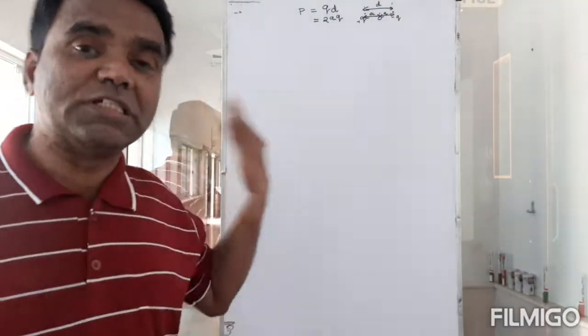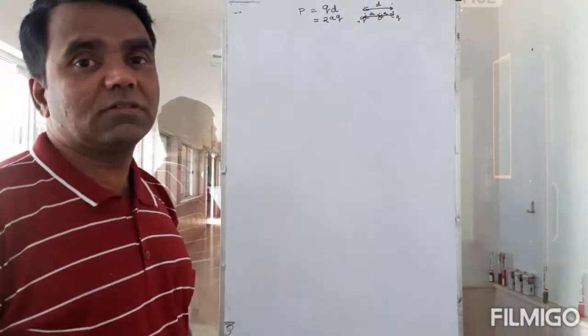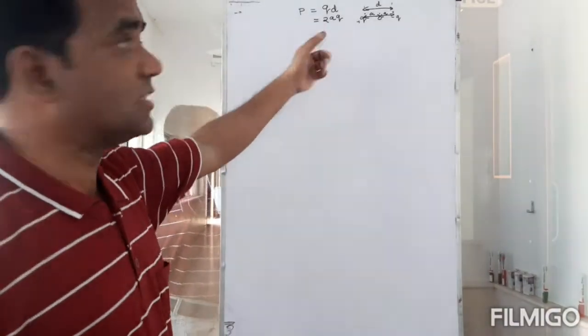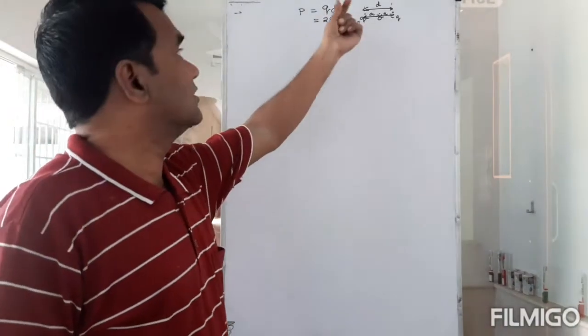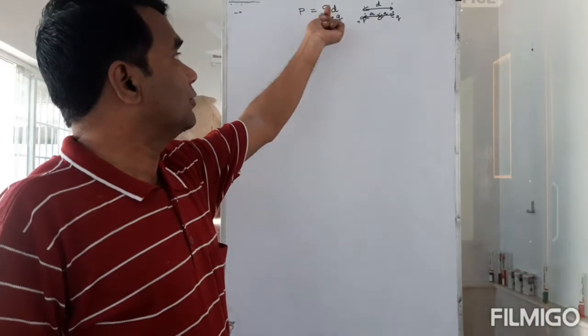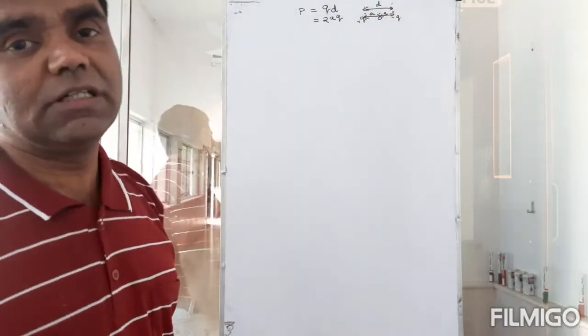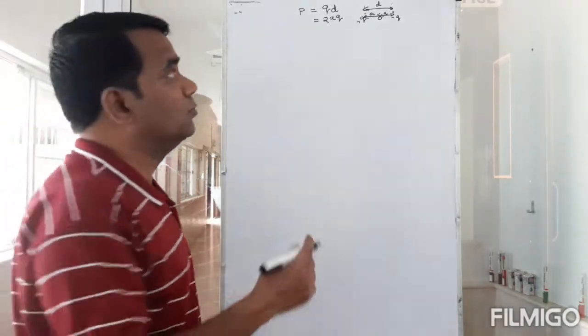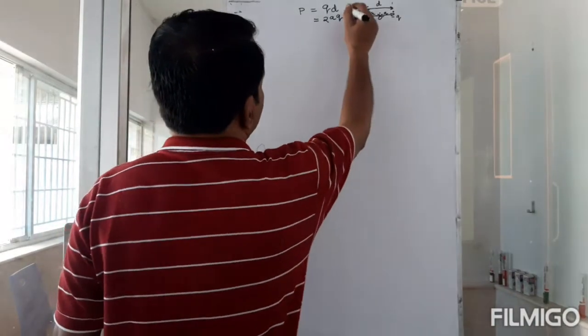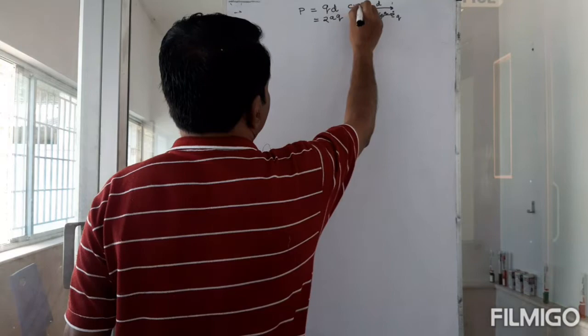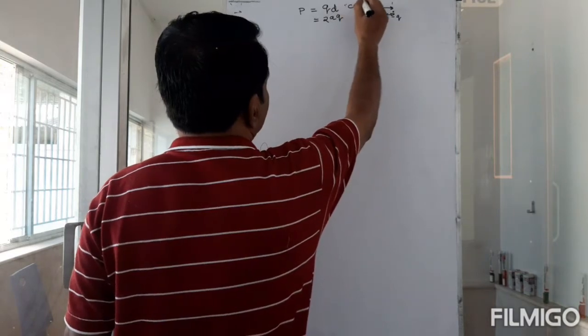Then what would be the unit for the dipole moment? The unit for the dipole moment is simply Coulomb meter. You have to take the charge and multiply it with the distance. So the unit for dipole moment is Coulomb meter. Okay, that's the unit for it.